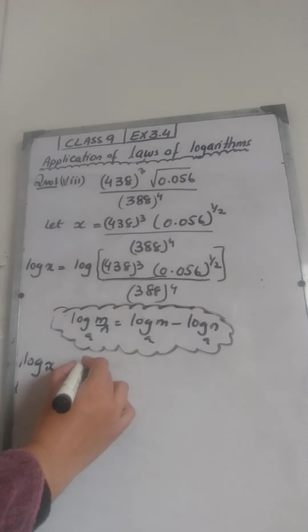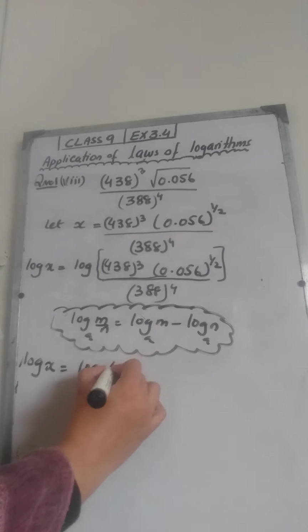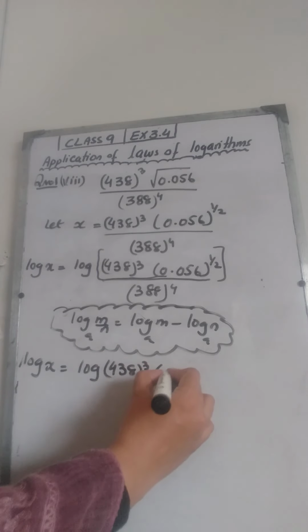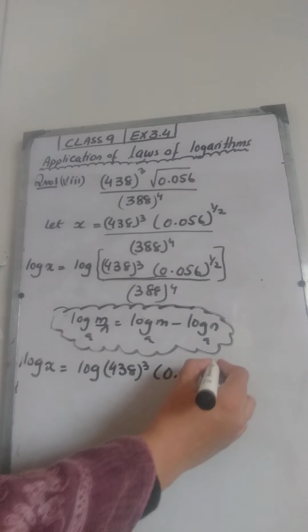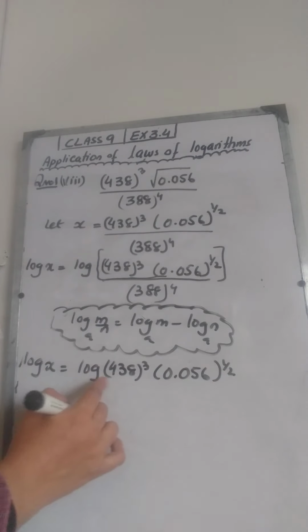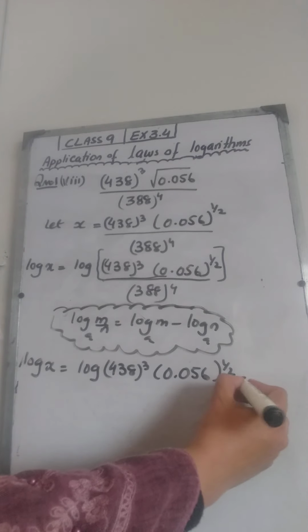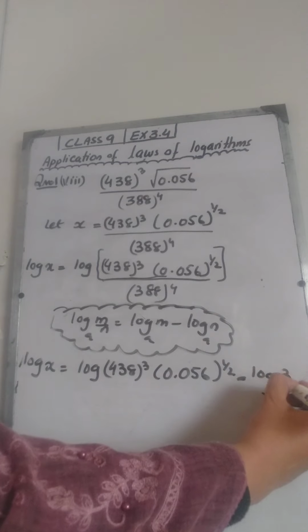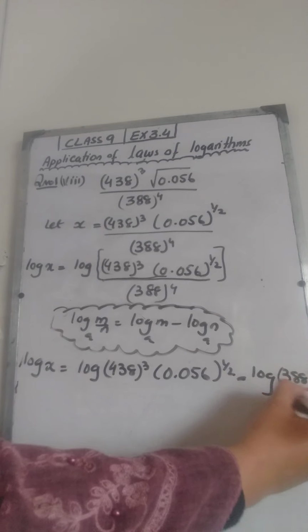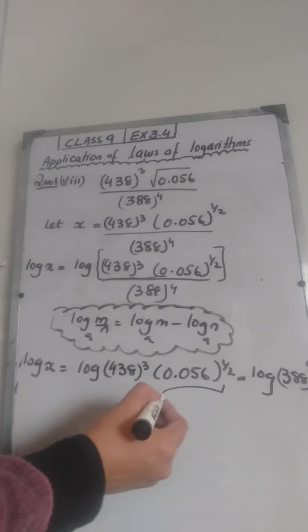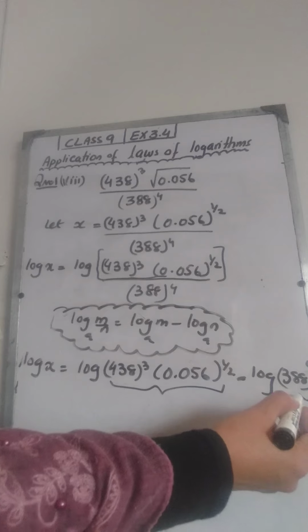So this is log of 438 raised to the power 3 times 0.056 raised to the power 1 by 2, minus log of 388 raised to the power 4.